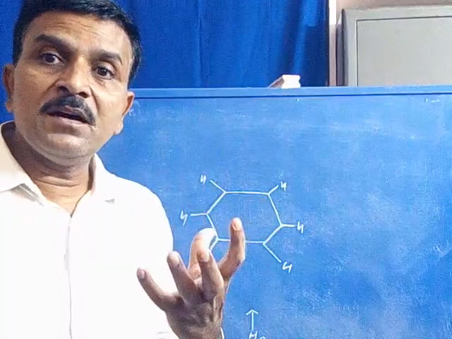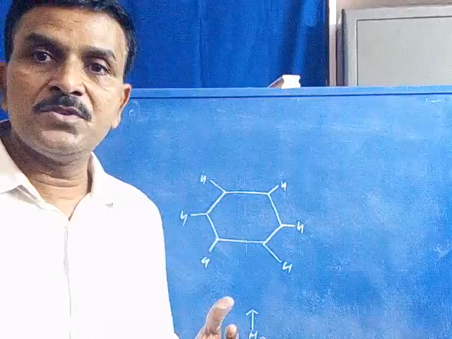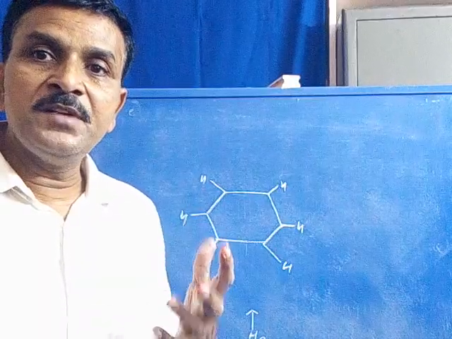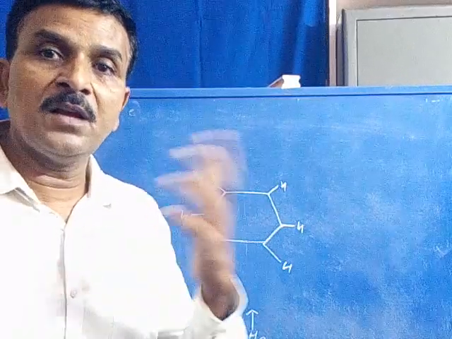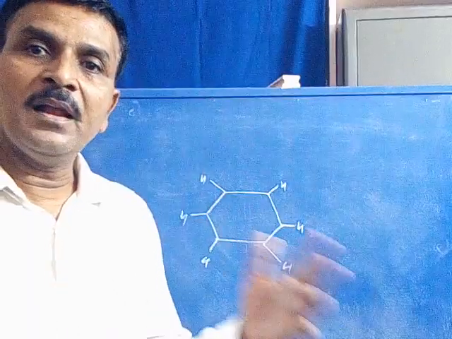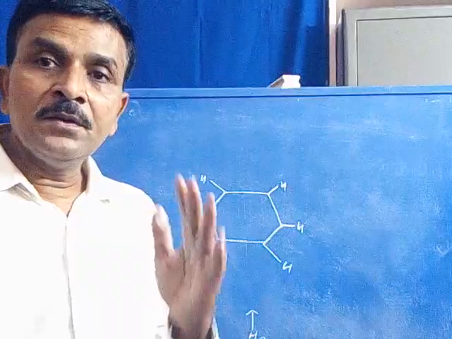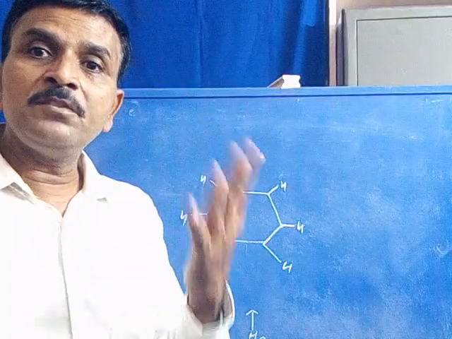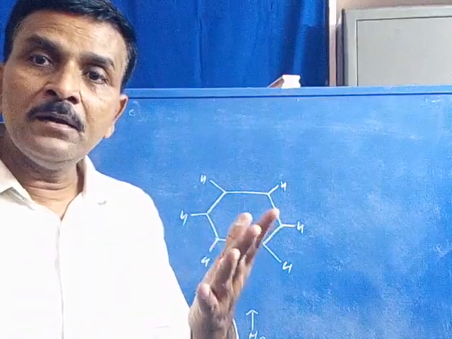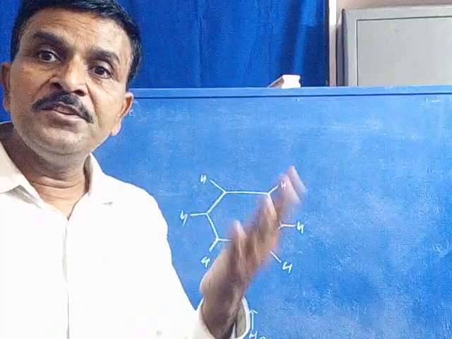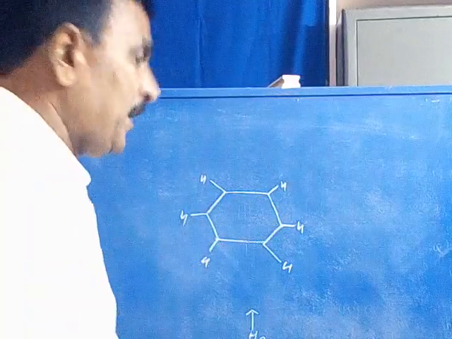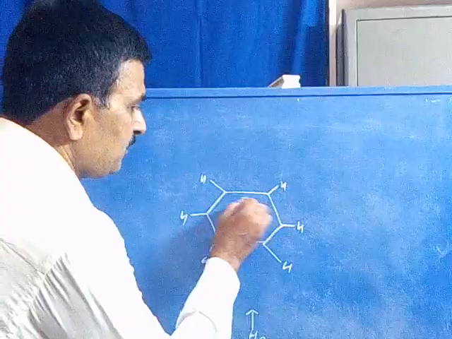It consists of 6 pi electrons. In case of benzene, the number of pi electrons is more, that is 6 pi electrons. The external magnetic field application will induce the 6 pi electrons of the benzene ring to circulate above the benzene plane and below the benzene plane, like this.